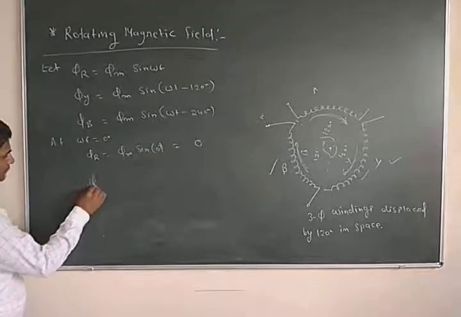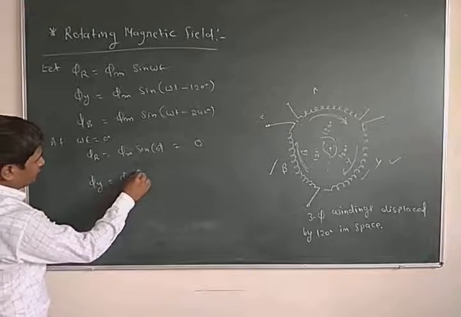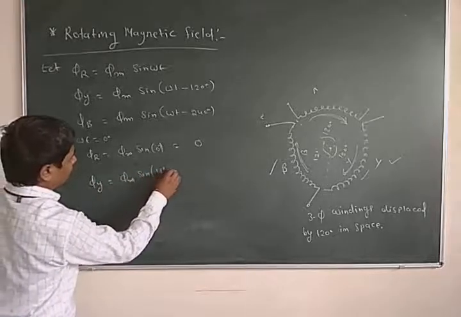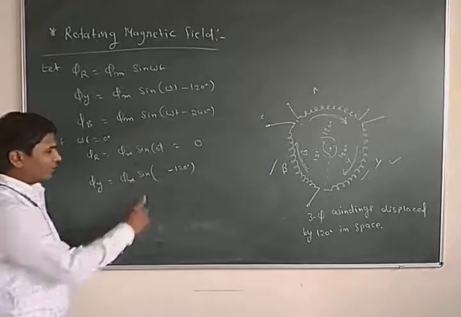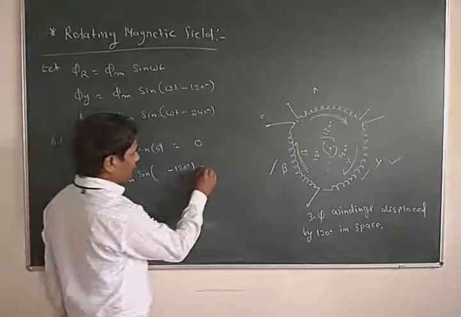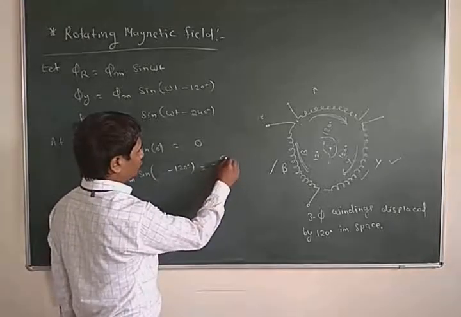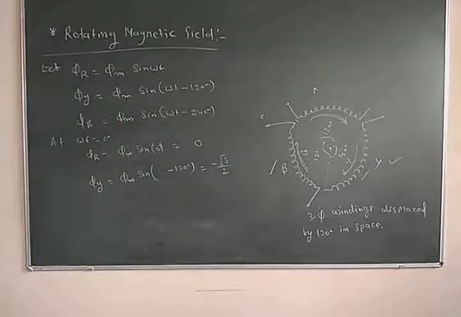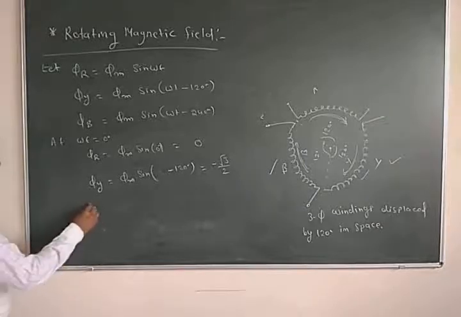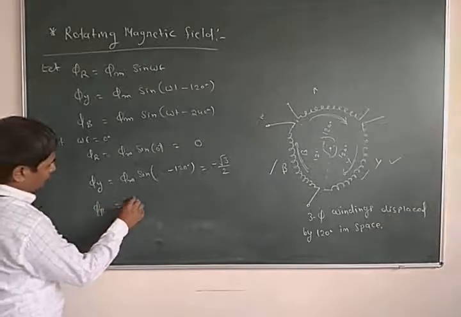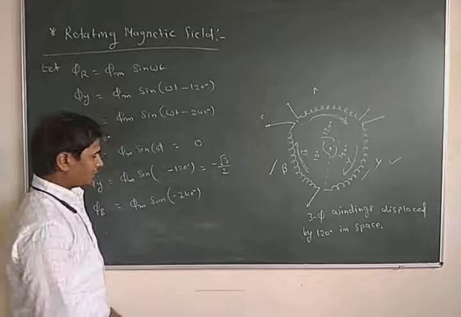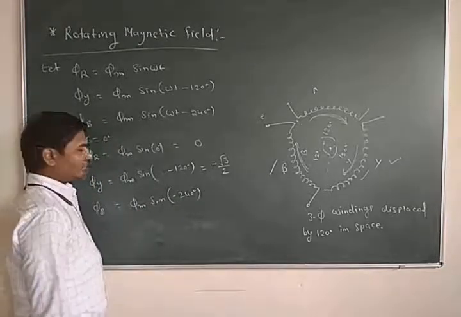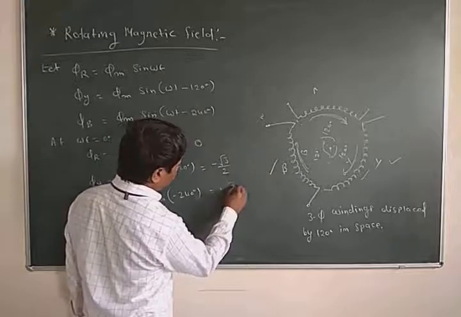Second is phi Y, phi m sin (omega t minus 120 degrees). With omega t equal to 0, it becomes sin minus 120 degrees, which is equal to minus root 3 by 2. And phi B is equal to phi m sin minus 240 degrees, and the value of sin minus 240 is equal to plus root 3 by 2.